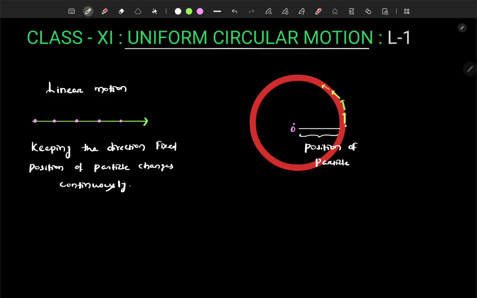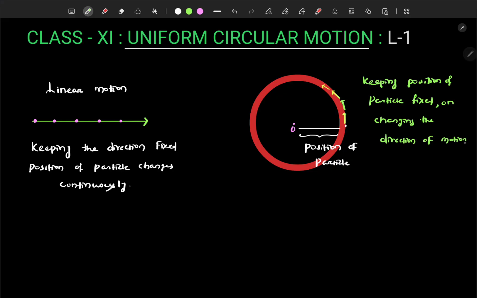So here we can say, keeping the position of the particle fixed and changing the direction of motion continuously, we get circular motion.